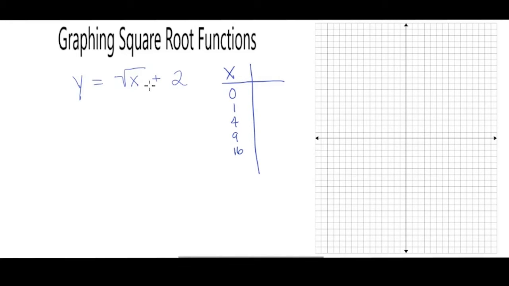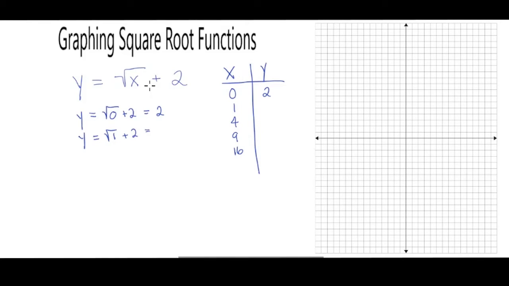Now when I plug those in, I need to use those to find the y value. So let's do y equals the square root of 0 plus 2. Well, the square root of 0 is 0, plus 2 is 2. So when x is 0, y is 2. We'll do y equals the square root of 1 plus 2.